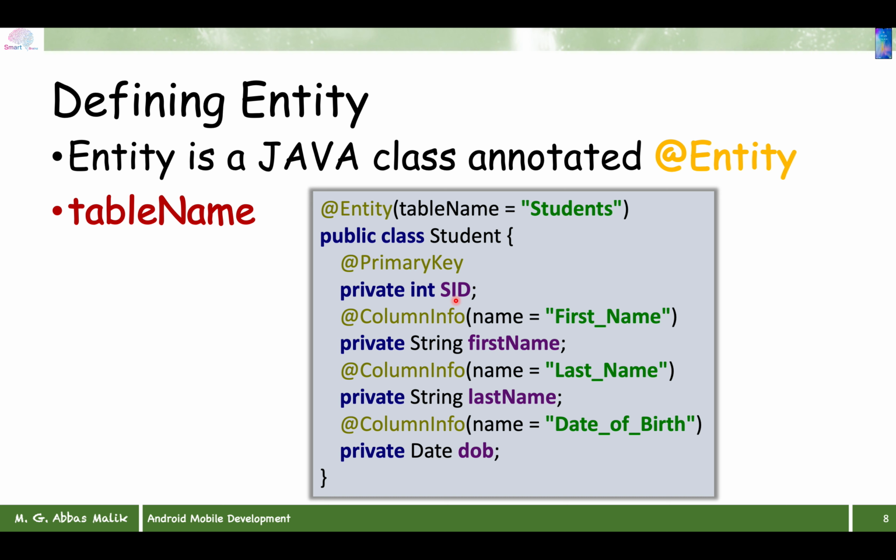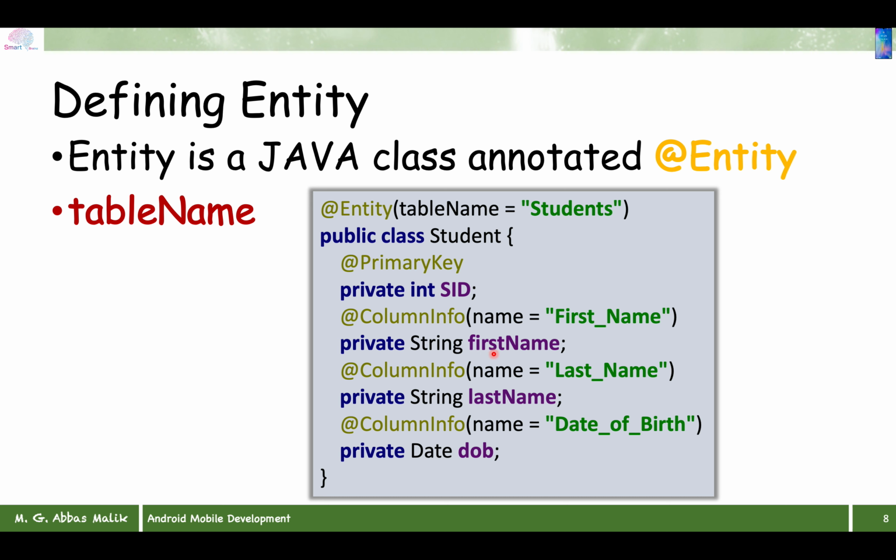One is the SID, that is the student ID, of the integer type, and we are also telling that this is the primary key of this particular table, because we have annotated this field with @PrimaryKey. So SID, with the exact same spelling, will be created in the table, and that will be marked as a primary key for that table.